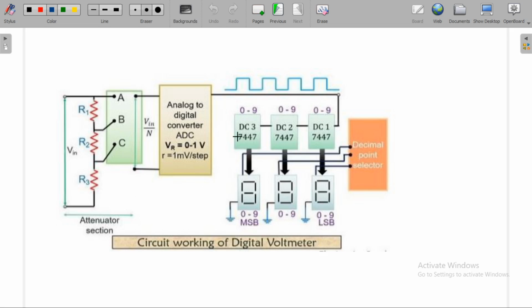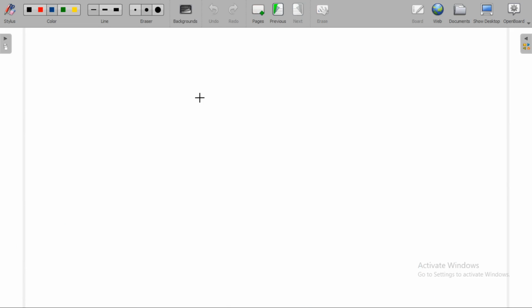You're going to have the circuit like this. This is a circuit of DVM. Rollover of 3 full digits.